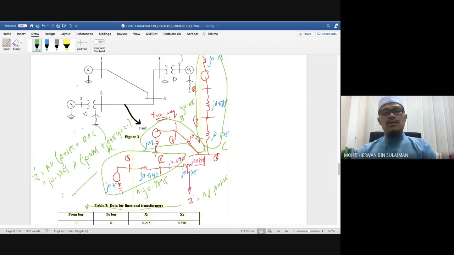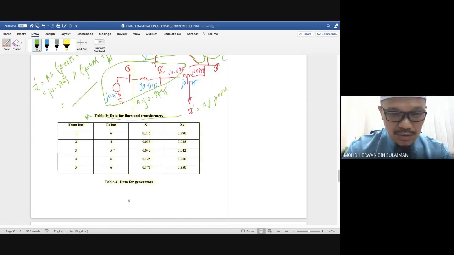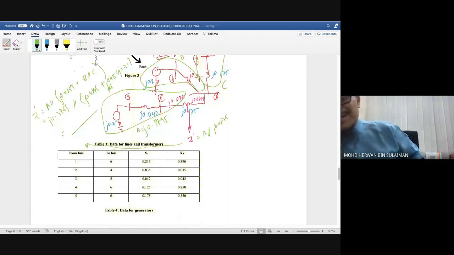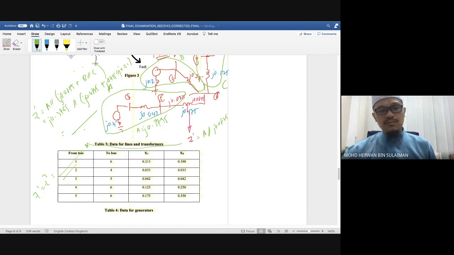That one is the positive sequence, and luckily your negative sequence is similar to the positive sequence. So you can just state that the value you got is Z1 equals Z2, and then the value. So that is your solution.